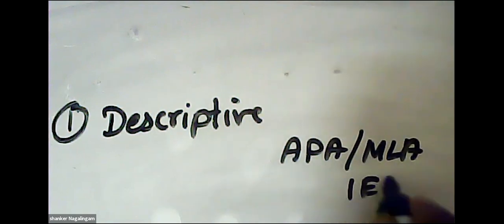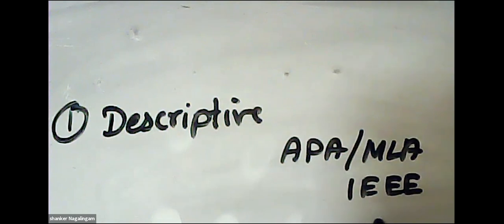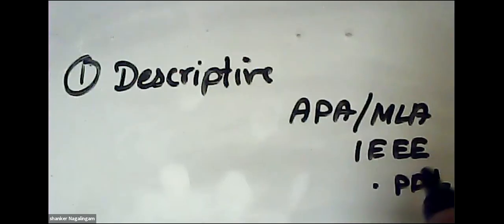For the very first thing, when you take any descriptive abstract, any abstract follows a standard: there are APA standards, MLA standards, IEEE standards, and these standards have PDF files giving an explanation about how the writing should be and what words should be used for this type of writing.